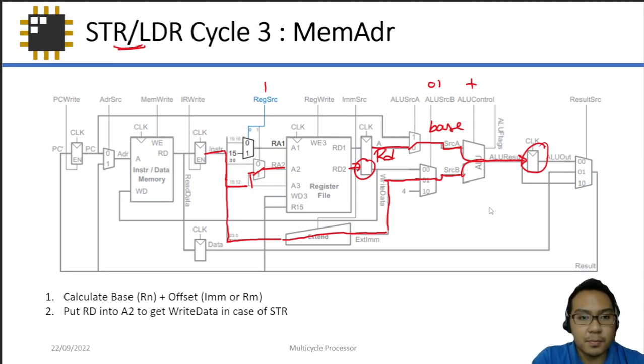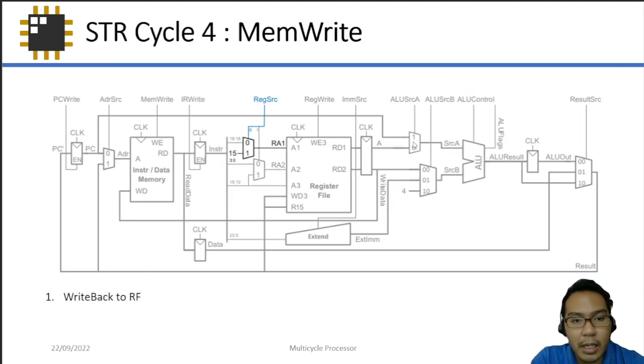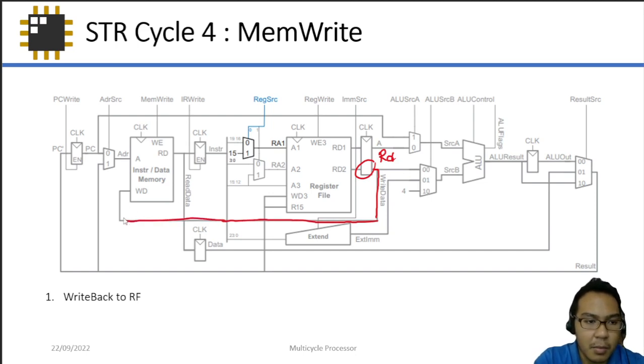Now, next cycle for store instructions. Now we have here RD. It's going to be outputting the write data, so that's going to be fed into the memory over here. Sorry, not write back to RF, just write back in general.